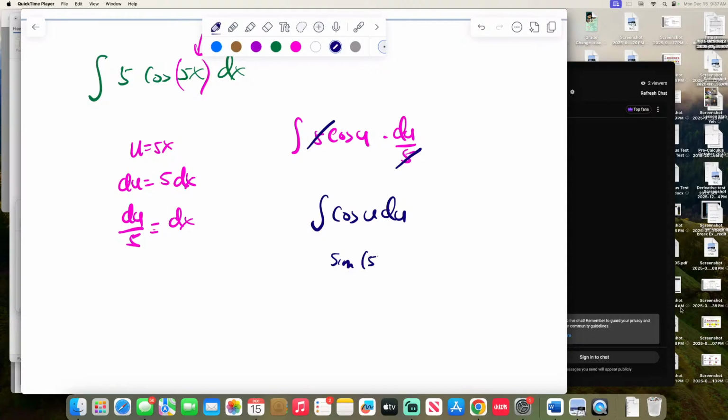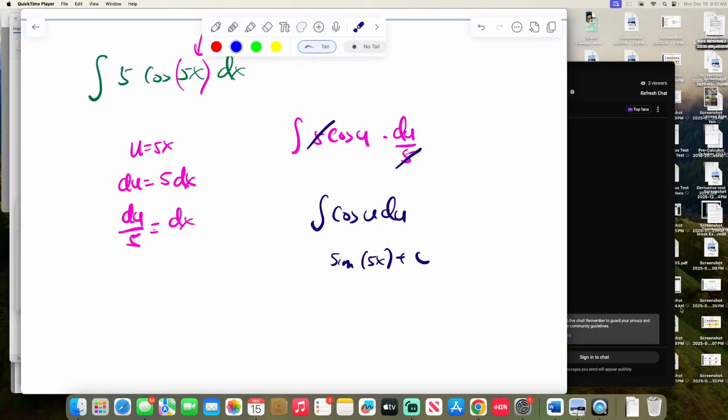Again, if I don't know if it's right, I take a derivative. If I take a derivative of this, it's the chain rule. So you can practice two things at the same time: practice your chain rule, practice your integrations. Not all the time are you going to have the answer right in front of you.